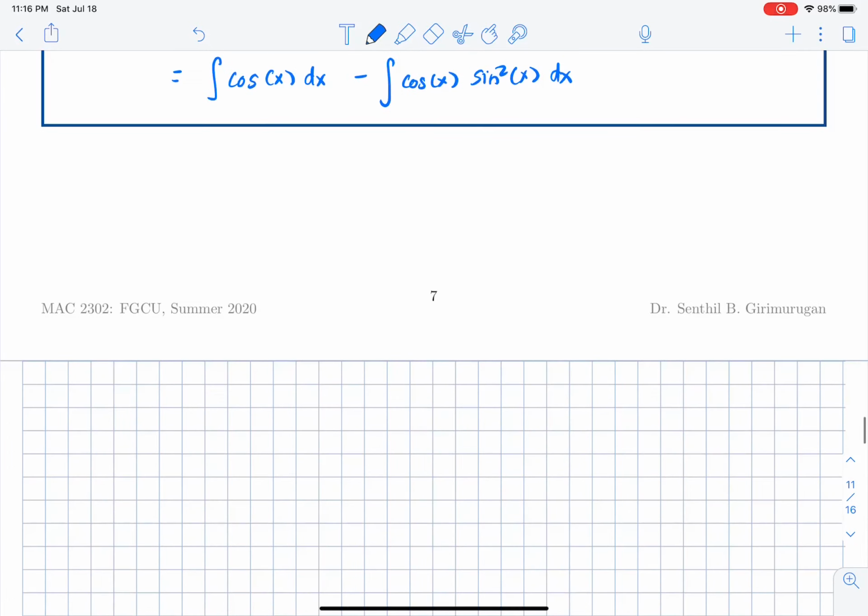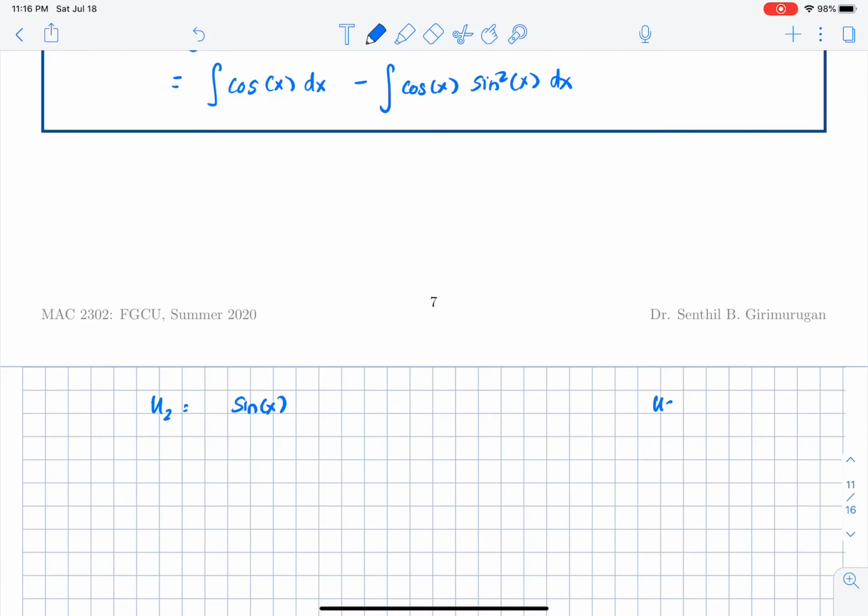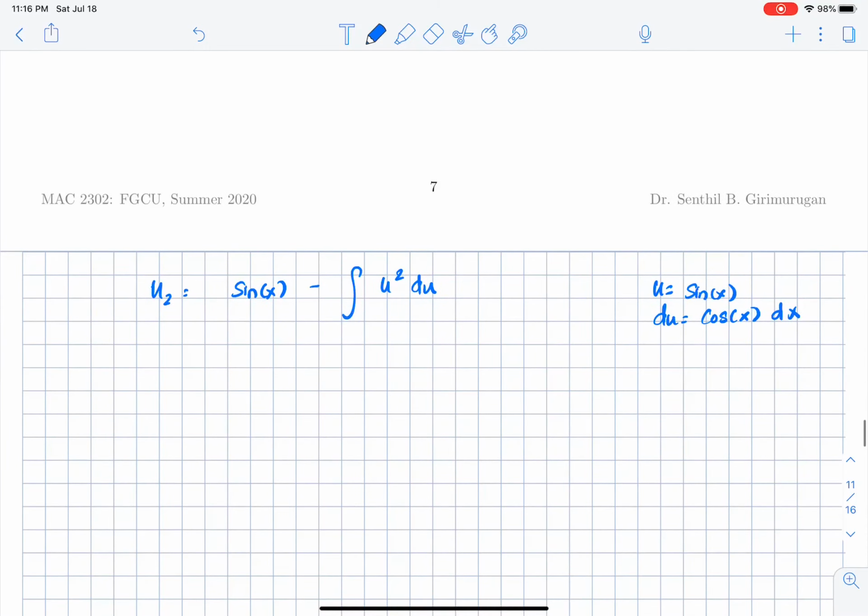U substitution again, we could say u is sine x, du is cosine x dx. So we have the integral of 1 minus u squared du. We have u2 equals sine x minus sine cubed x over 3.